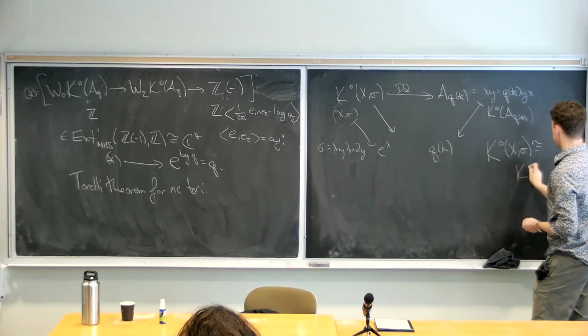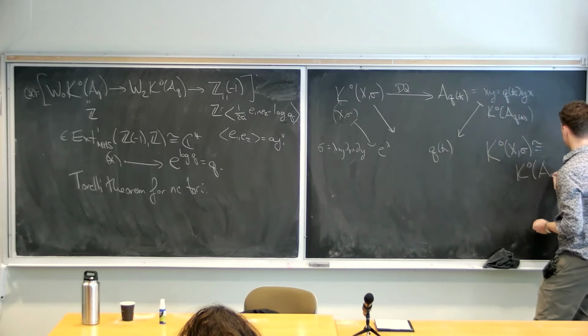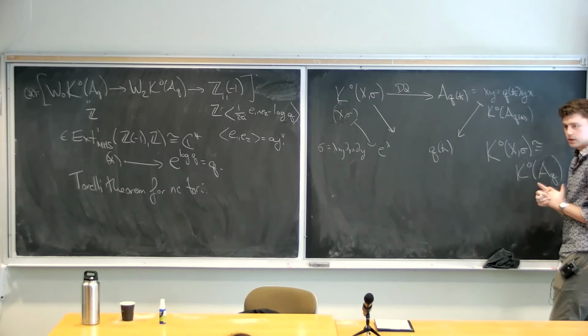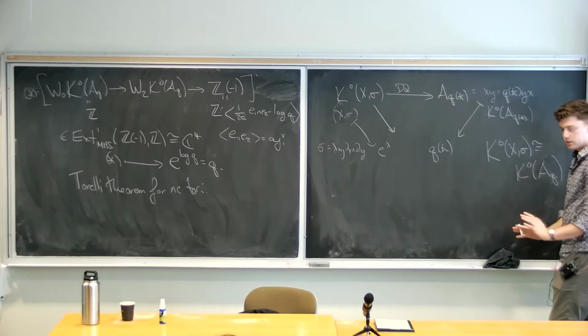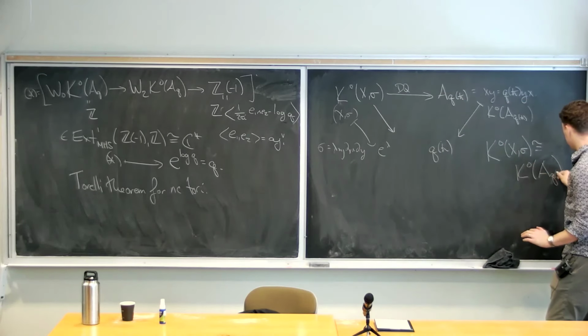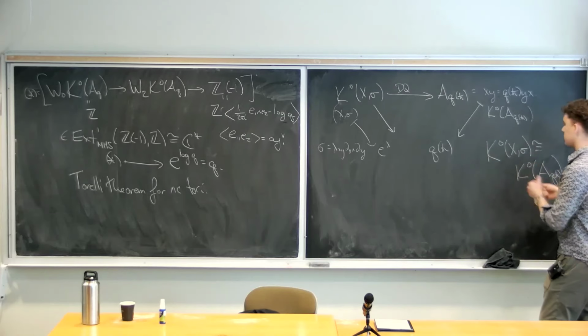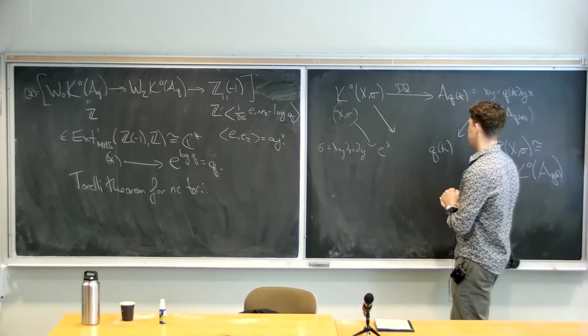So this is going to be isomorphic to this Hodge structure on A_Q. We don't know what Q of h bar is. It doesn't matter. These are isomorphic mixed Hodge structures.